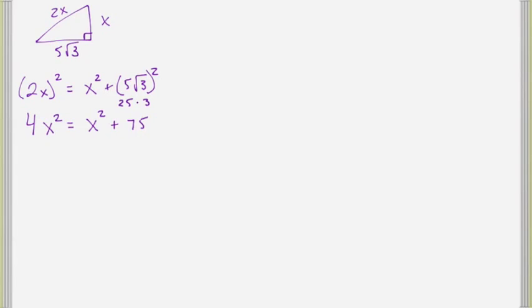Trying to solve for x. What do I do next to this? You subtract x squared from both sides. We want to collect all the x's together. Right now they're kind of spread out on different sides of the equation, so we want to get them all together. So I'm going to subtract an x squared. 4x squared minus x squared is 3x squared.